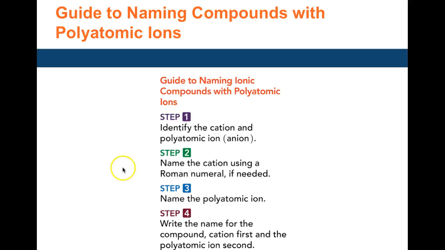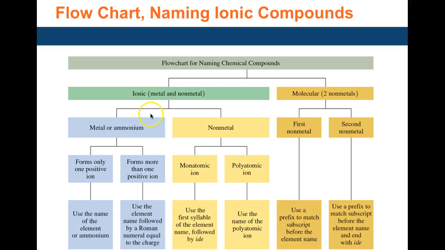All right, naming compounds with polyatomic ions. Again, identify the cation. If it is a transition metal, you do need parenthesis Roman numeral and then name the polyatomic ion. Cation first, polyatomic ion second. So here's a good flow chart for how to name ionic compounds, and we'll get to this part later.